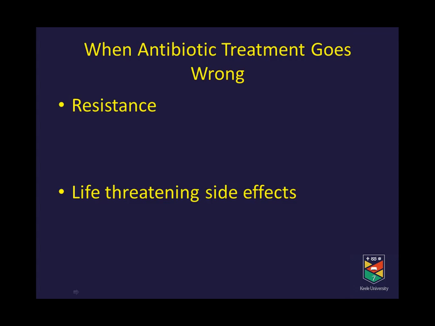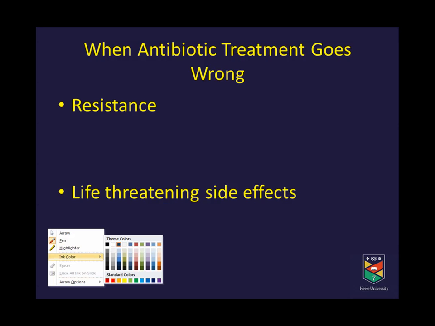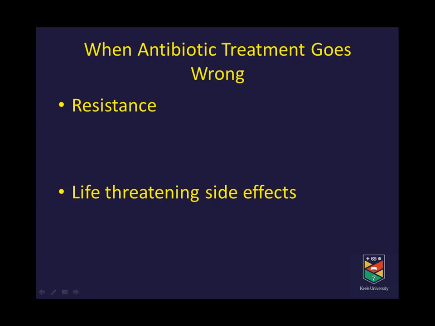Okay, so when antibiotic treatment goes wrong, you tend to get two kinds of problems. Resistance and often life-threatening side effects. So in resistance cases, you can get things like MRSA, which stands for methicillin-resistant Staphylococcus aureus, a real problem in hospitals.